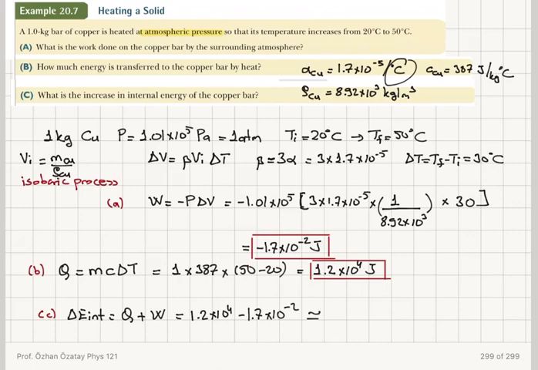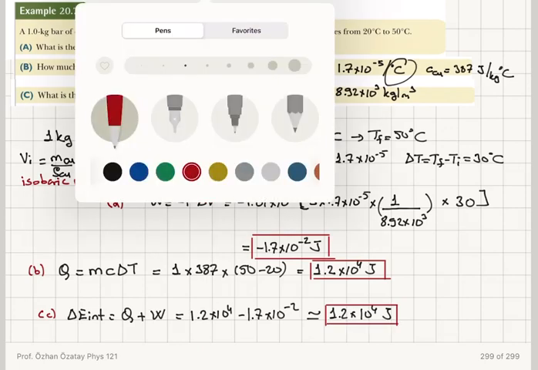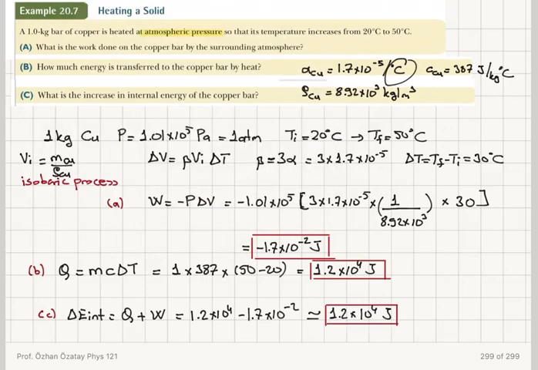So it will be roughly equal to 1.2 × 10^4 joules. Basically, the work done on the copper or by the copper is negligible. And why is that? Because this coefficient of expansion is so small, of the order of 10^-5 for the copper.